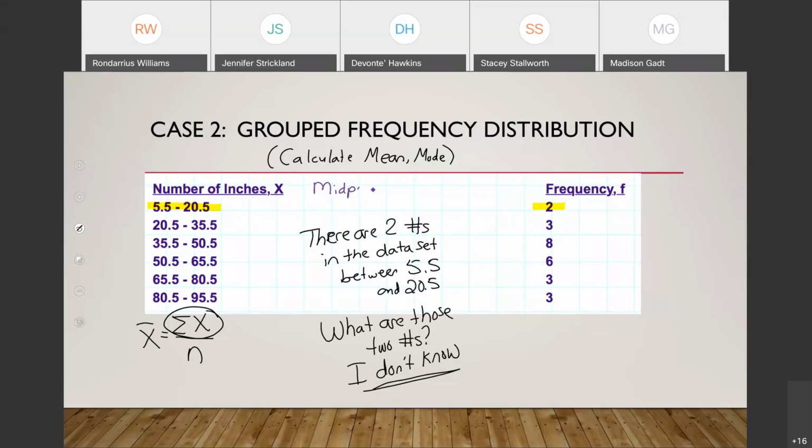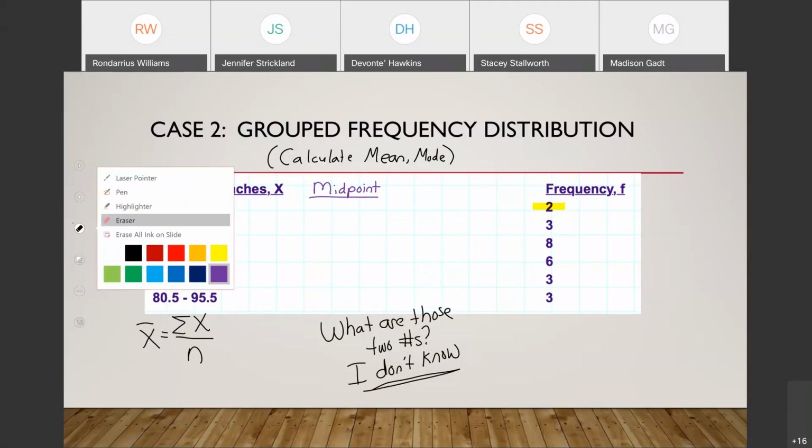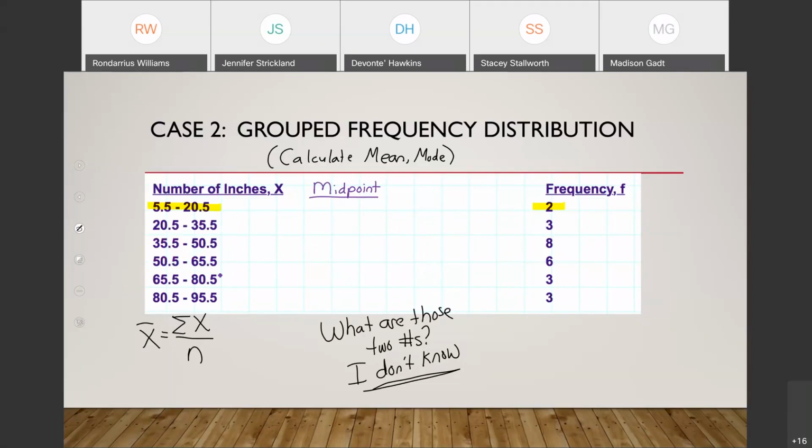So that's what I'm going to do first. In your paper, add a column for midpoint, and let's find those midpoint values. Now, how do we find the midpoint? You guys remember how to do that?